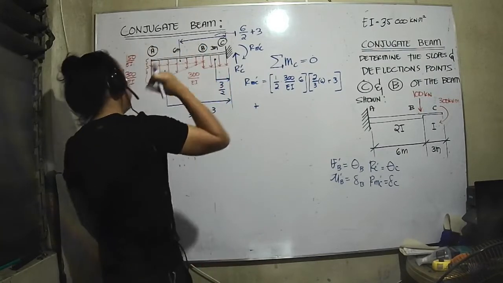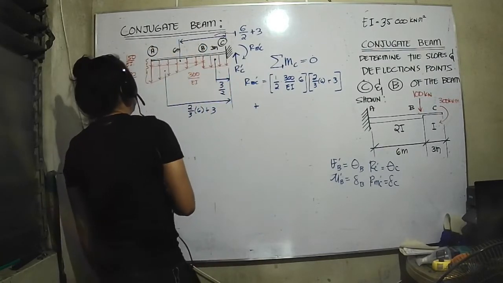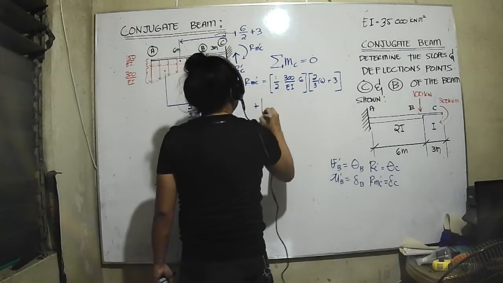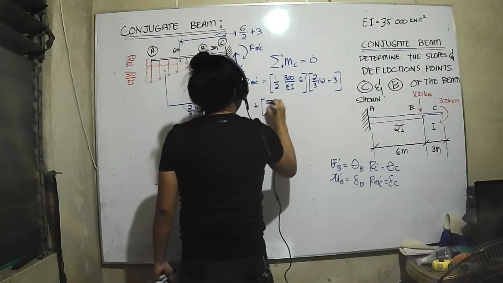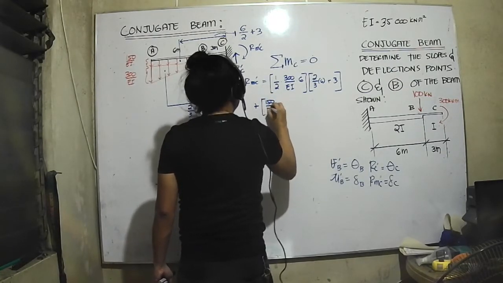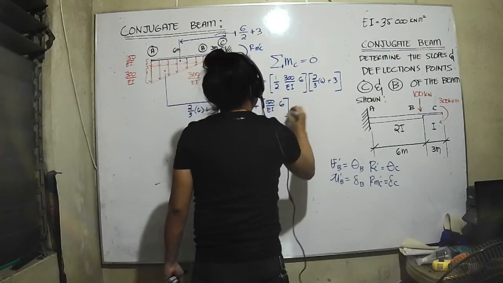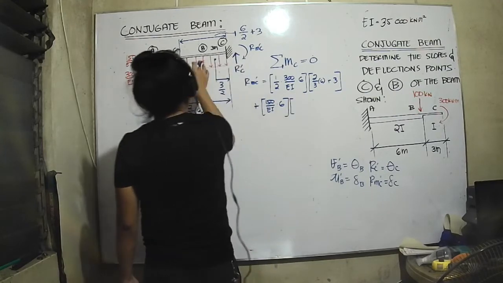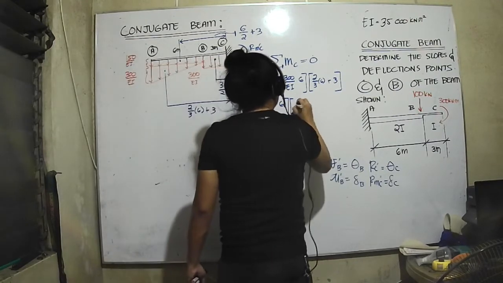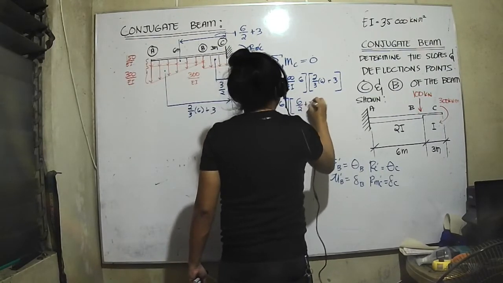Next is the isolated rectangle, with height 150 over EI times base equal to 6, multiplied by its moment arm, 6/2 plus 3.